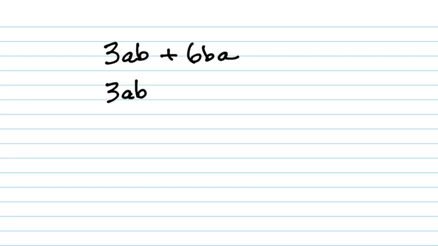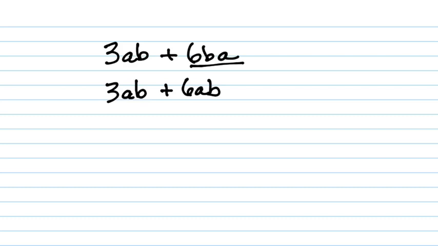Okay? All right. How about this one? Like terms or not? Yes. They are like terms. There's just something wrong with one of them. I have no problem with 3AB, but what is my problem with 6BA? Alphabetical order is the convention, and that's one of the reasons why it's a convention.